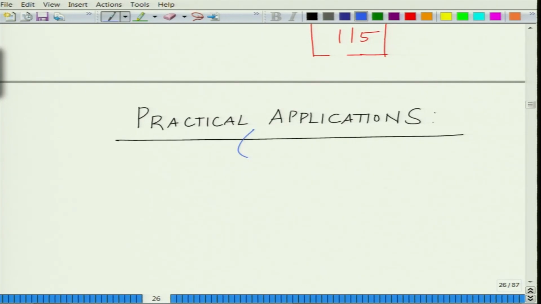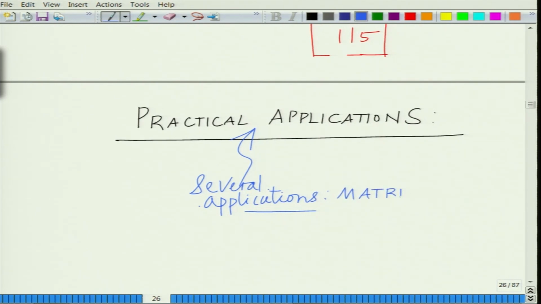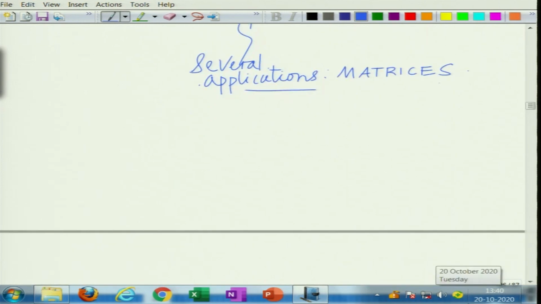So, there are several important applications, as we have already noted, of linear algebra, and in particular of this concept of matrices and inverse matrices and the inversion that we have studied so far, right.